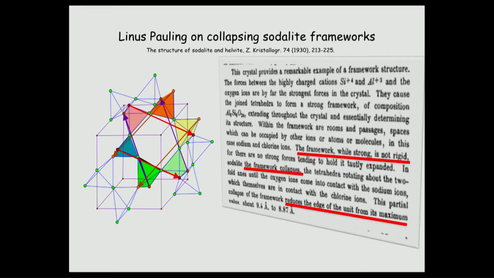But there are situations, and I'm pointing here to a paper of Pauling from 1930, where he observes that in sodalite, this framework, while it is strong, actually has deformations. He observed about 100 years ago that the framework collapses. That's the terminology for saying that it is flexible.